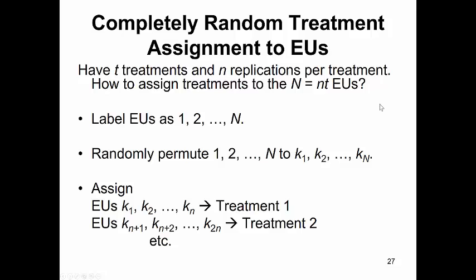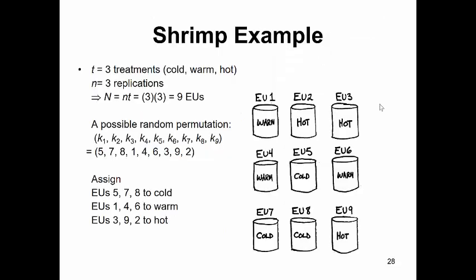For the first set of 3, they're going to receive the cold. The next set of 3 are going to receive the warm. And the next set of 3 are going to receive the hot. If you look at it here, we've listed the EUs, and we randomly permute that order. So here's 5, 7, 8. So 5, 7, 8 gets cold. If you look here, 5, 7, and 8 get the cold water.